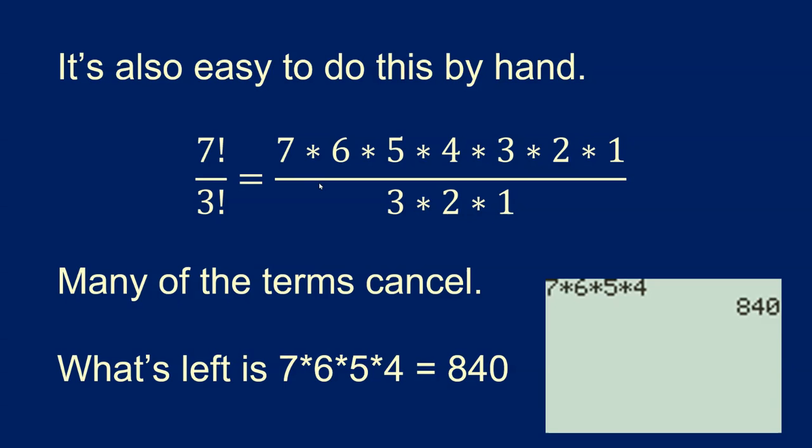All of that stuff at the end, 3, 2, and 1, just cancels because it's all multiplication, so you can just get rid of it. What's left is the beginning part of the top, 7 times 6 times 5 times 4, and that's really where that 840 comes from. Again, you can just think, what does this mean? Cancel the part that cancels and just multiply what's left.